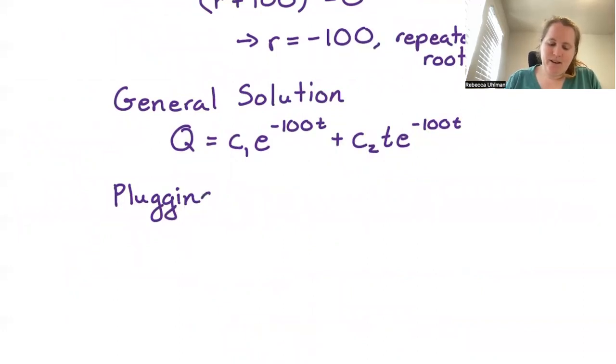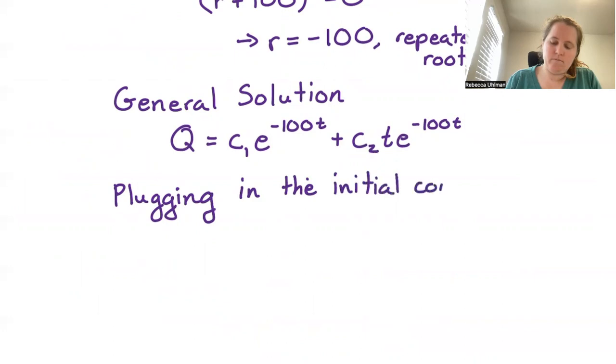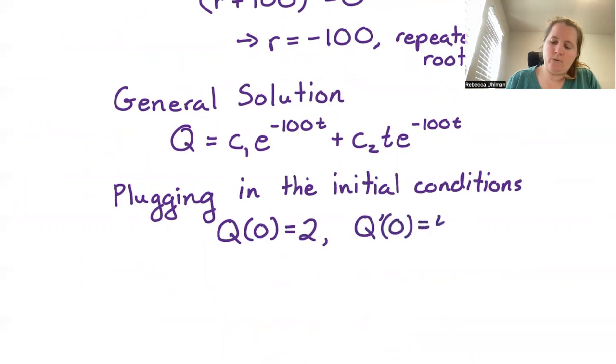All right, so plugging in our initial conditions. We had Q of 0 was 2, and Q prime of 0 was 4.